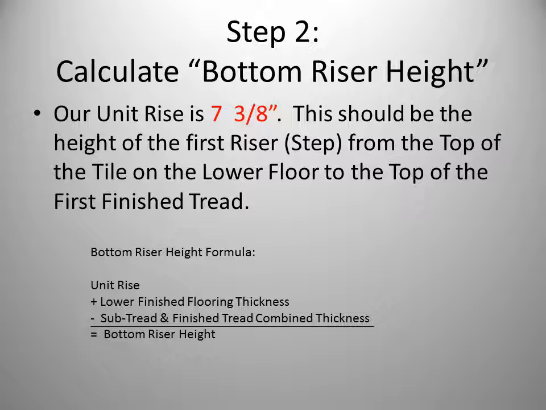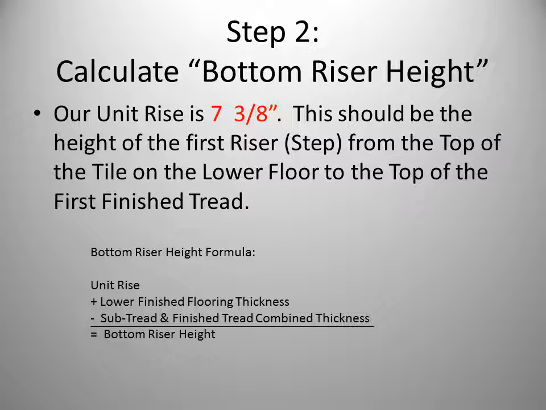Now we can calculate our bottom riser height. Our unit rise is 7 3/8 inches. We should be able to measure this 7 3/8 inch unit rise from the top of the tile on the lower floor to the top of the first finished tread.